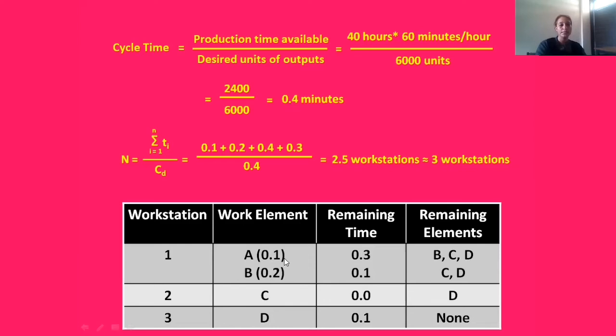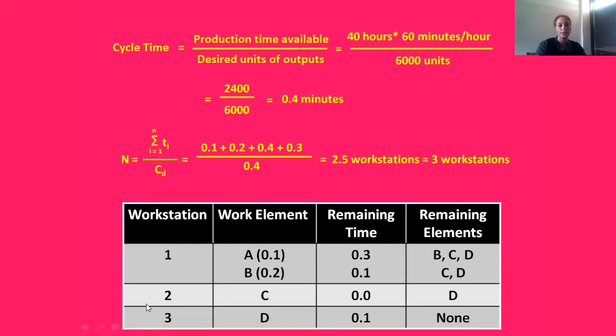The sum of A and B processing times is 0.3, so 0.1 is still remaining for workstation 1. That would become the idle time for workstation 1, because we cannot take the third task here: for task C the processing time is 0.4, which is greater than 0.1. So we cannot allocate C to the first workstation.